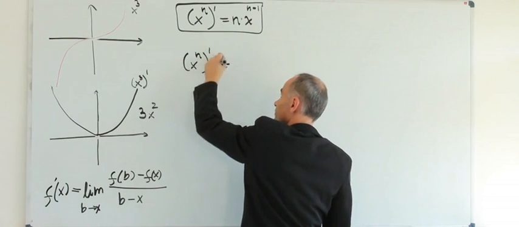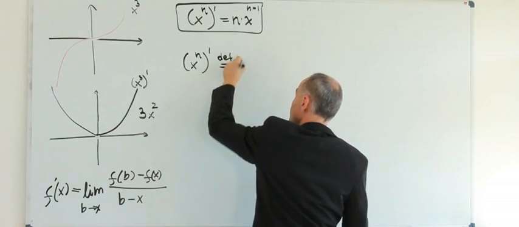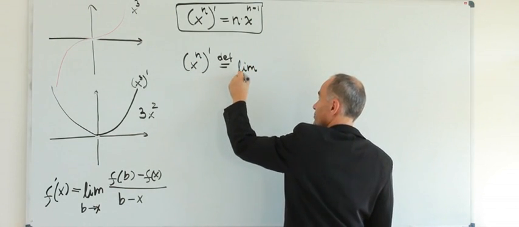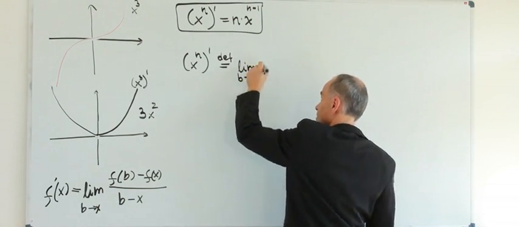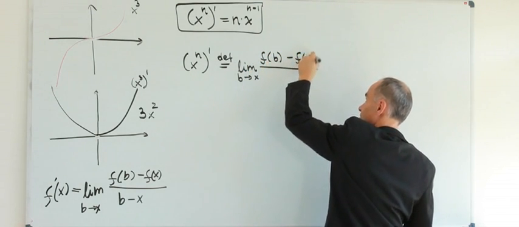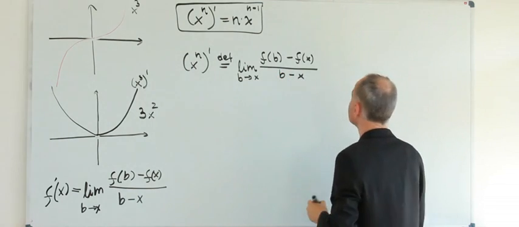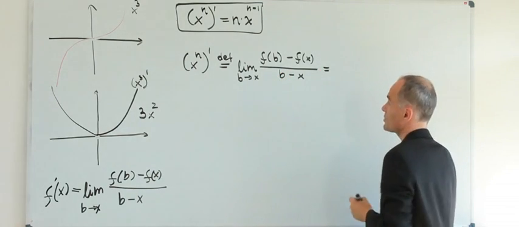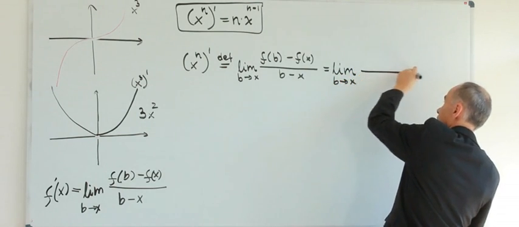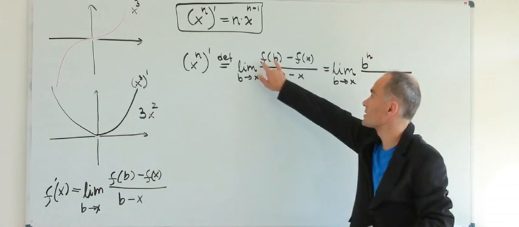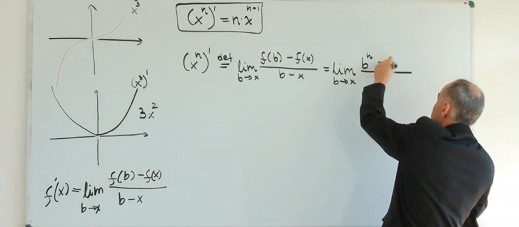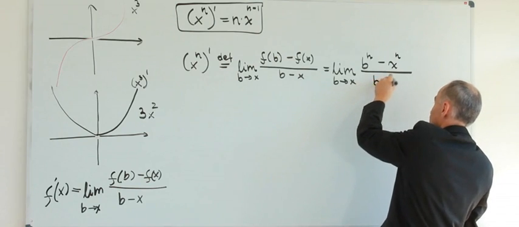The derivative of x to the n, by the definition of the derivative, is equal to the limit as b goes to x of f of b minus f of x divided by b minus x. This is equal to the limit as b goes to x of b to the n, because the function f of x is x to the n, so f of b is b to the n, minus x to the n, divided by b minus x.